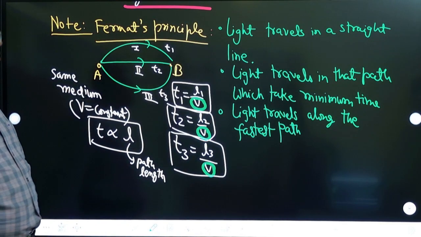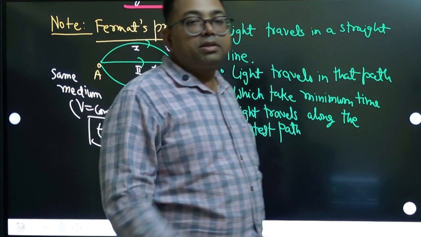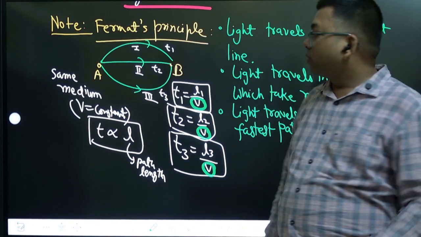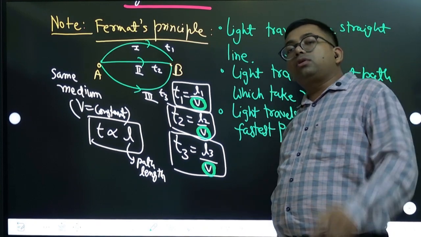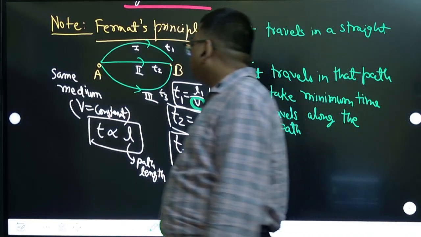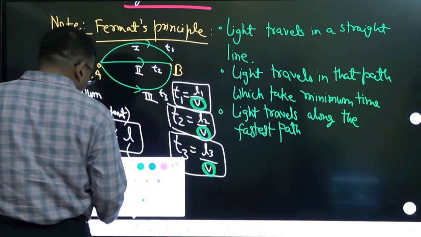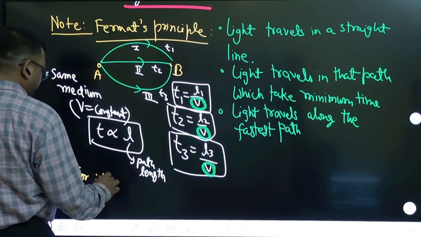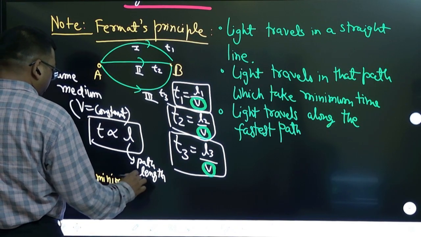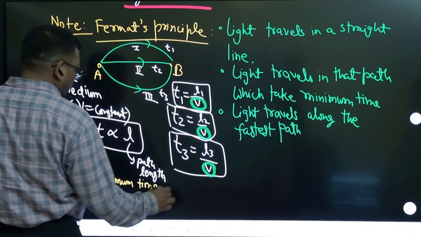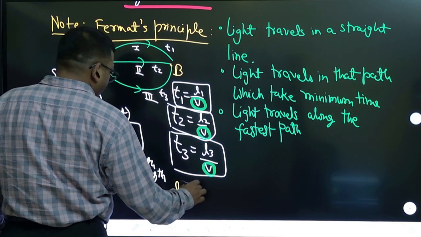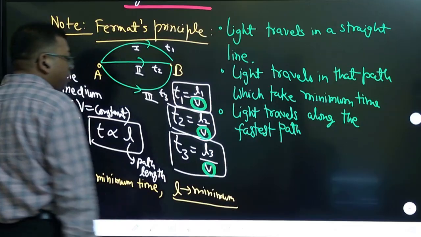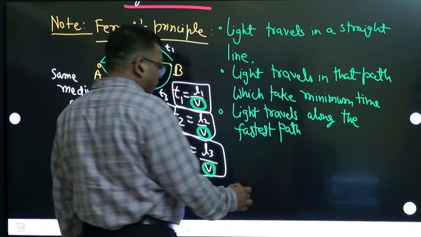Because in the same medium speed remains same. So time is proportional to the distance. So distance is small, so time is small. So for minimum time, L must be minimum.